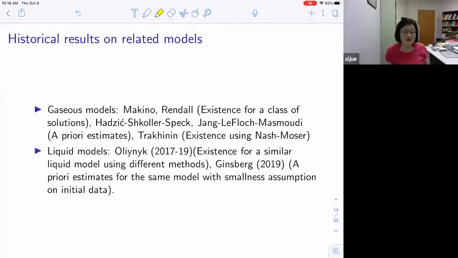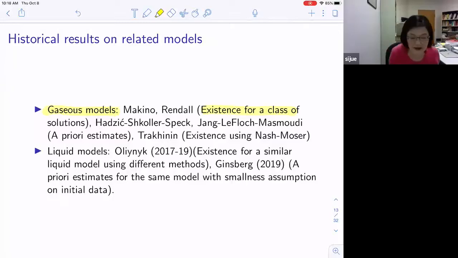For the gas star model, which has a different type of boundary condition, a free boundary condition, Makino and Ren constructed a class of solutions, so there's existence of a class of solutions. Then Hadzic, Shkoller, Speck, and also Jang, LeFloch, and Masmoudi obtained a priori estimates for the gas star model. And Trakinski proved existence for this gas star model using Nash-Moser iteration.